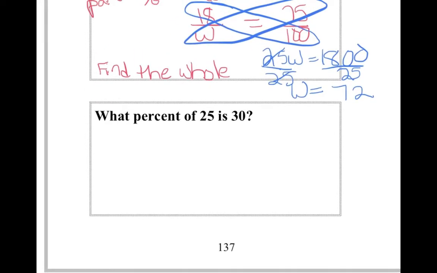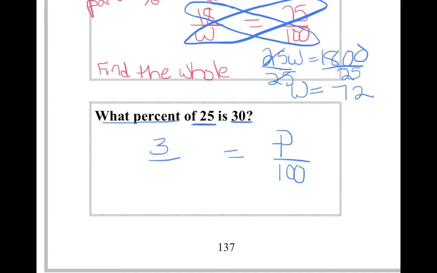And then let's do another percent problem. What percent of 25 is 30? Let's fill this in. We're missing our percent. That's our question. So we have 100, and we have P. Let's use P for percent. And we have of 25 is 30.